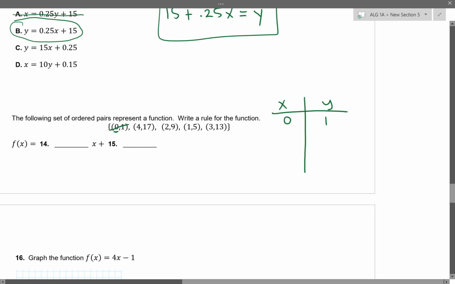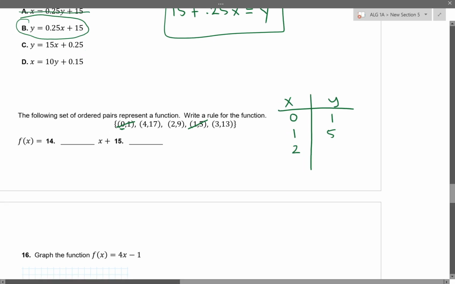What's after 0? Well, 1 is after 0. So 1 and 5. They try to trip you up, so don't get confused. The next one after 1 is 2, so 2 to 9. Next one is 3, 3 to 13. Last but not least, 4 to 17.